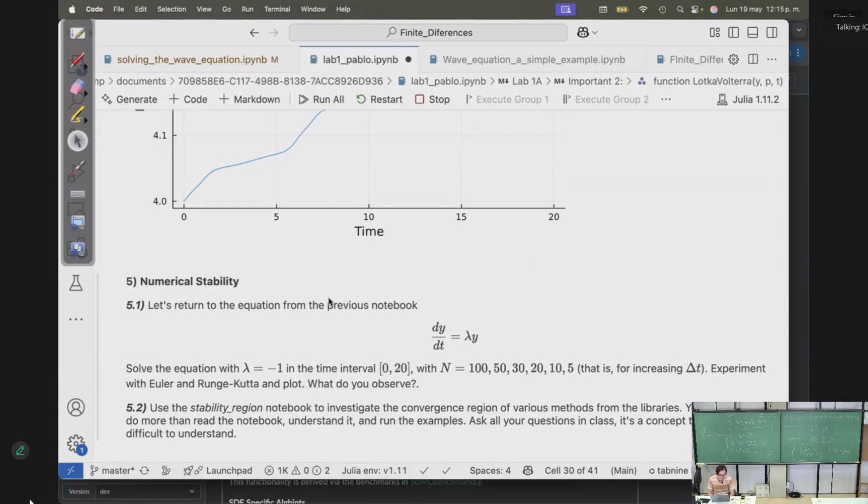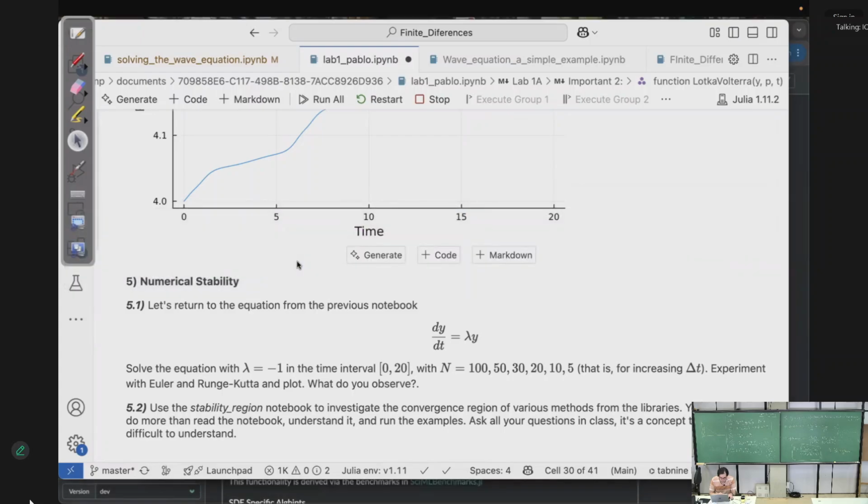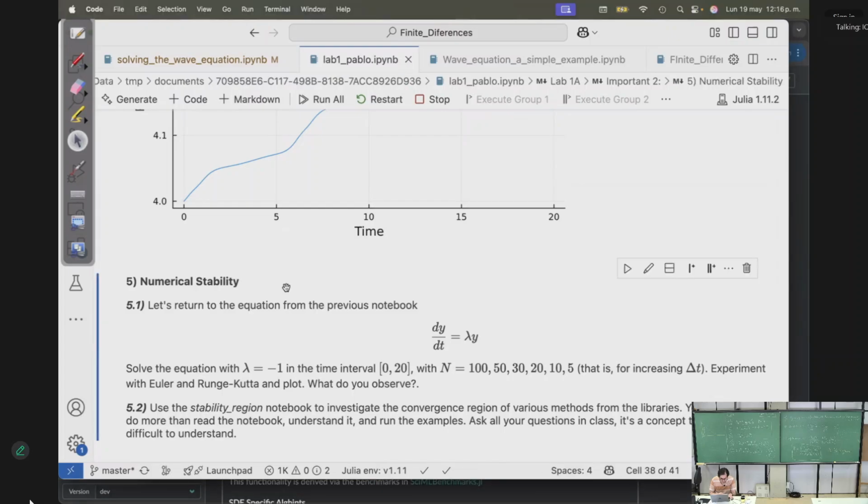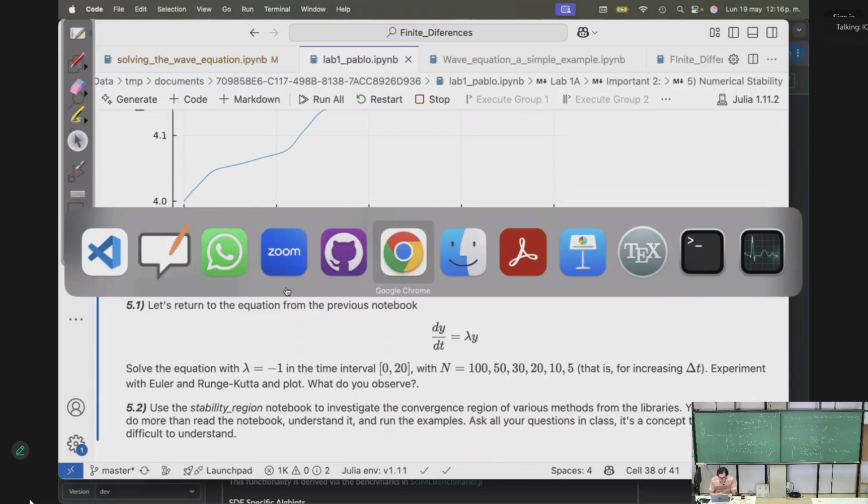So we have a notebook here. Oscar just went out, so I don't know where he has it in his computer, to try to plot the instability region. But you can always find it online. You can always check the system that you are trying to solve. This is a different computer from mine, so I'm not sure.